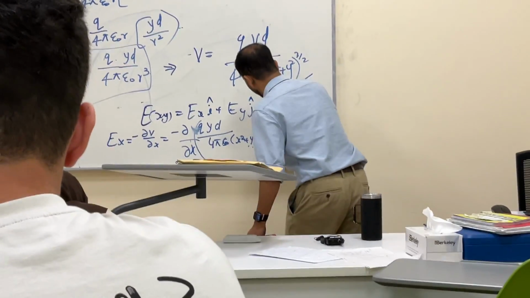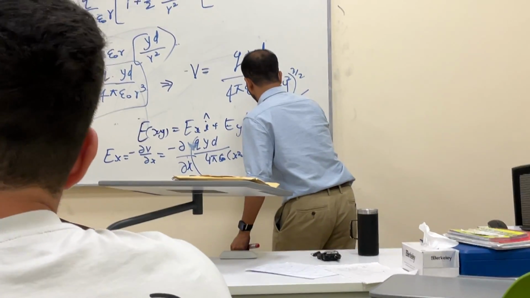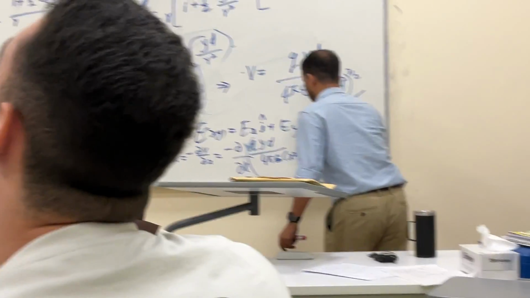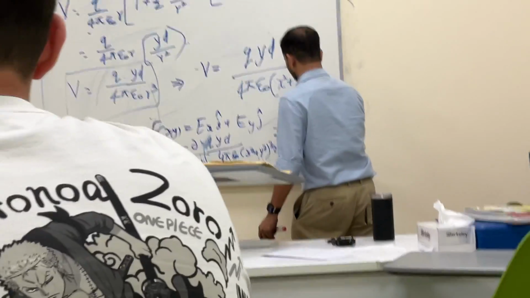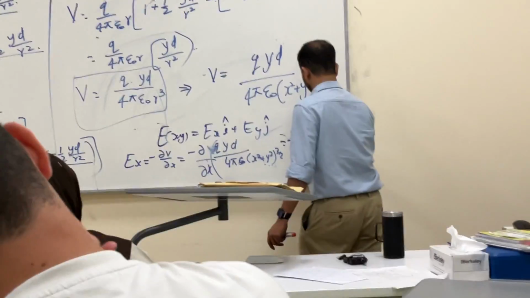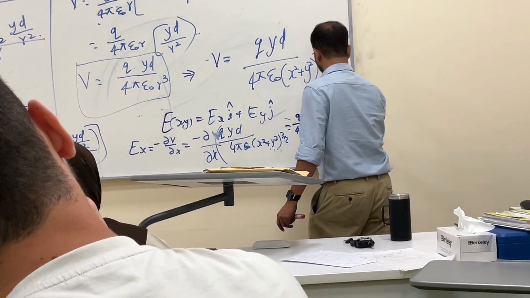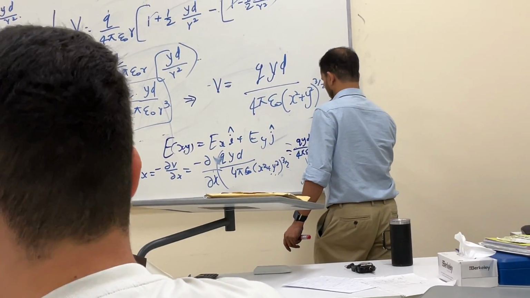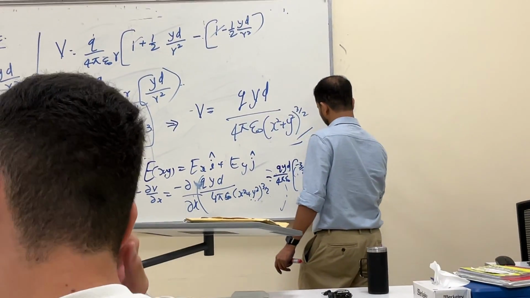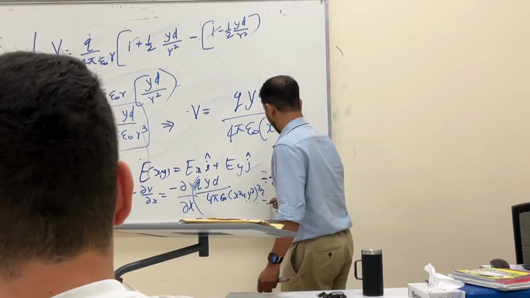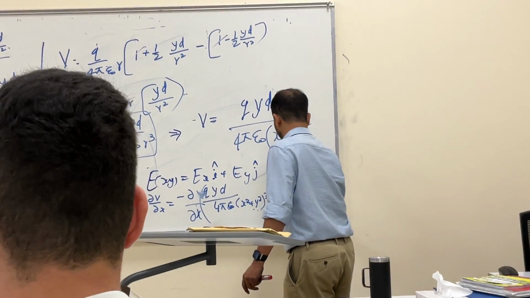So this can be done quickly. This will be qyd over 4 pi epsilon 0 into minus 3 by 2 into 2x into (x squared plus y squared) to the power minus 5 by 2. I'm not writing all the steps.